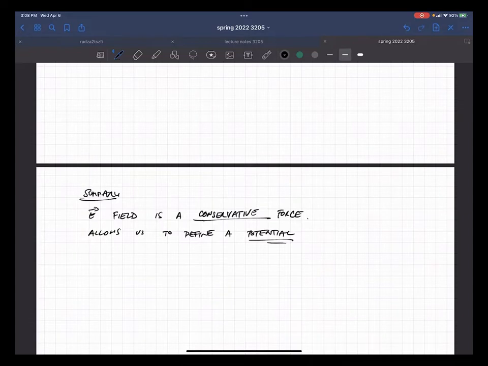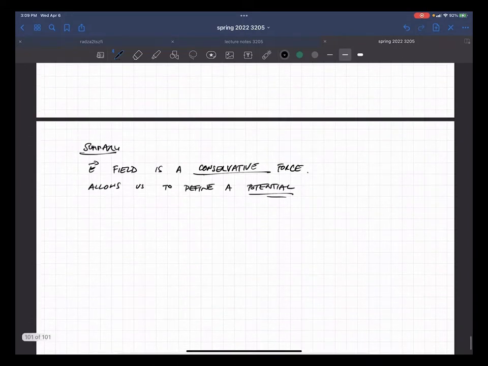That would be the only way we could define its path in an electric field under an electric force. But because it is a conservative force, all we have to worry about is the initial kinetic energy and the initial potential energy, and then we can figure out, if it ends up in a place, what its potential energy is, and what its new kinetic energy will be. So what does that mean from the standpoint of the electric field calculations?